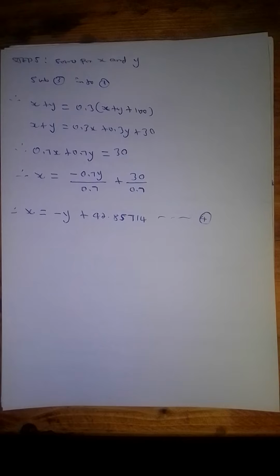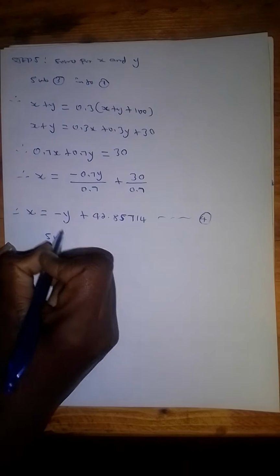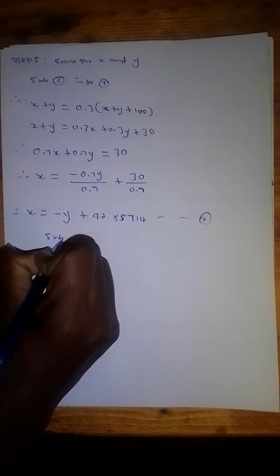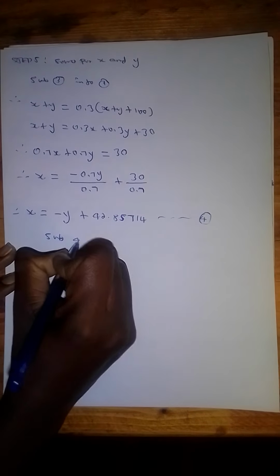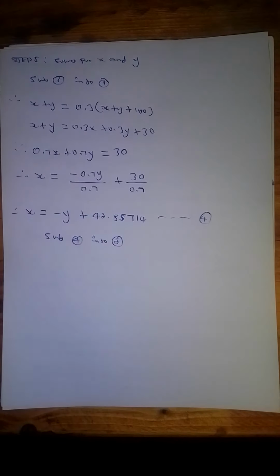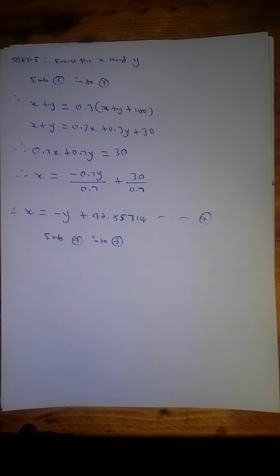Now we have x in terms of y, and as we move further, we can substitute. Remember, our mission in step 5 is to solve for x and y. So now substitute 4 into 2. Let me bring back our equation 2.